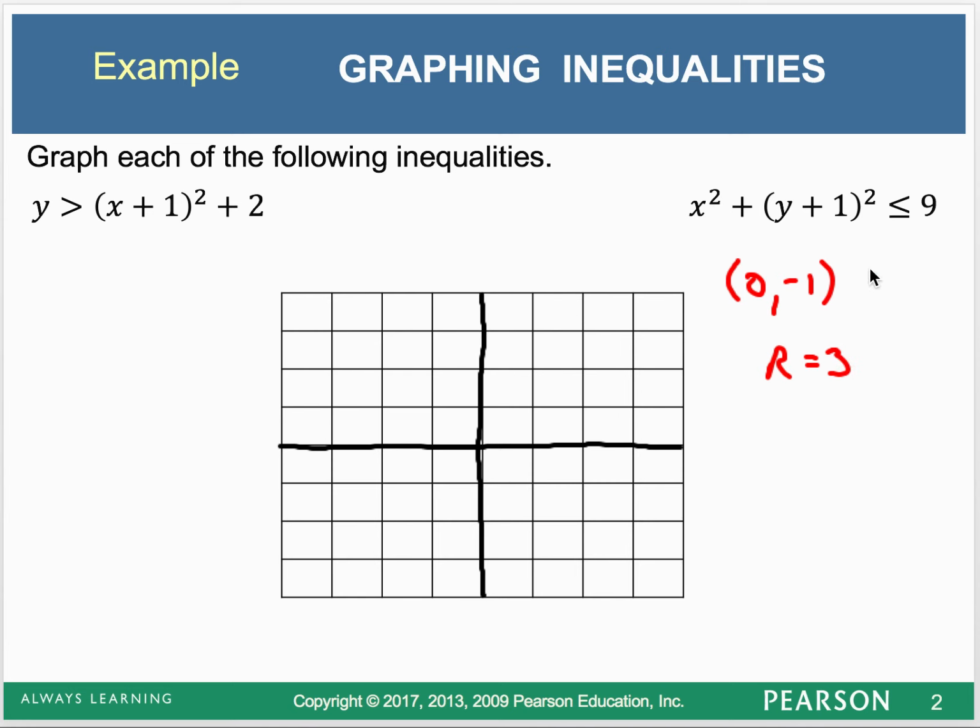Now, 0, -1 is the center, and so 3 units in each direction is an actual point on my circle. So now all I have to do is draw the circle. My only question is, do I make it a solid line or dotted? It is indeed solid because it has the equal to part.